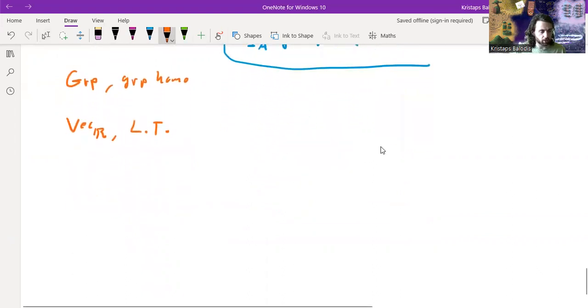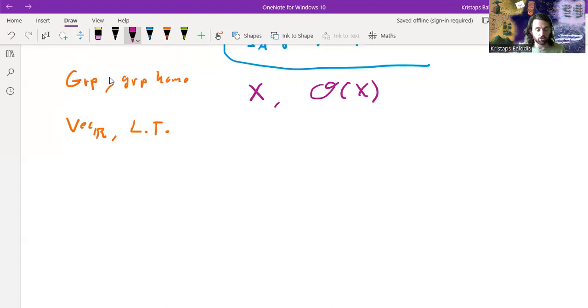Because groups and vector spaces are all things we normally encounter in set theoretic foundations. But here's maybe a weirder example. Fix a topological space X, and the objects of my category are going to be O of X. What is O of X? This is simply the set of all open subsets of X, right? So those are the objects in my category.